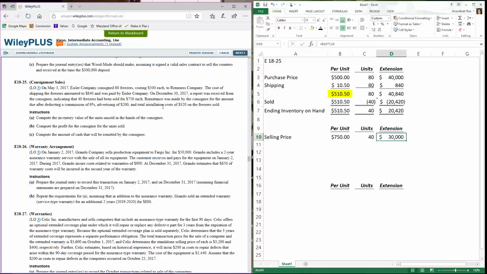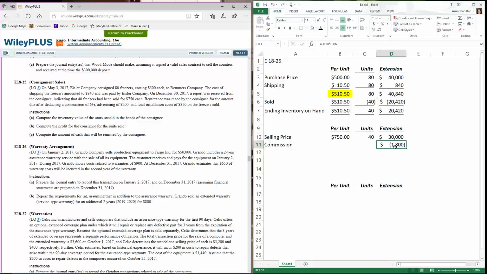So let's continue reading the problem. Remittance was made by the consignee for the amount after deducting 6% commission. So they have charged us a commission, 6% of this amount, and that's going to work out to $1,800. 6% of 30,000 is $1,800.